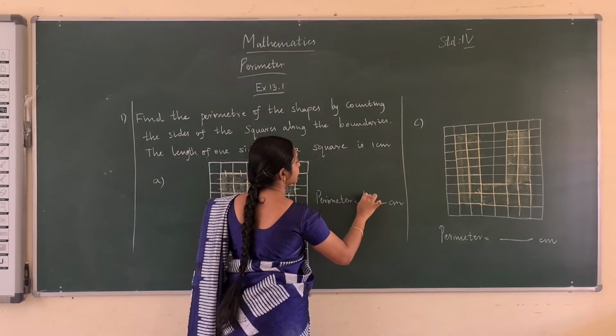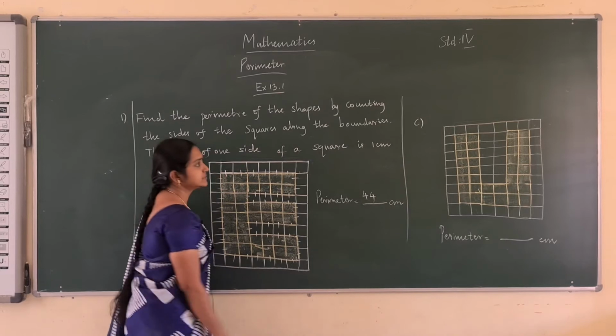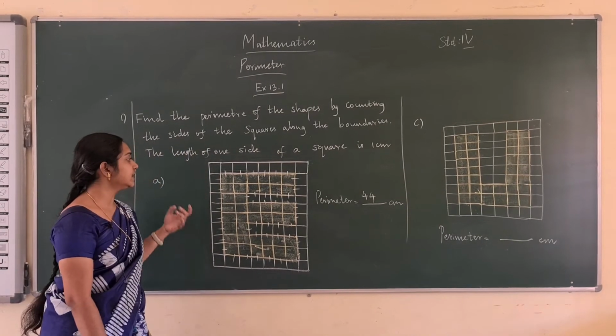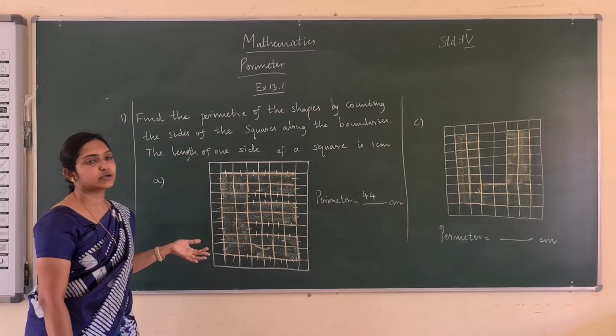So, the perimeter is 44 centimeters. Just count the sides of the unit squares.